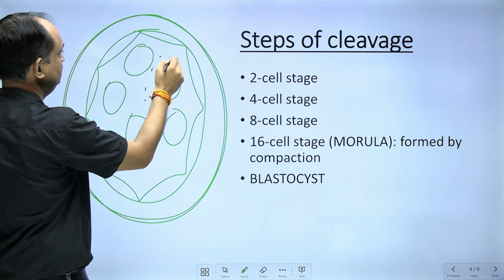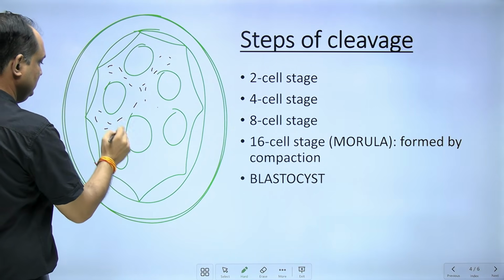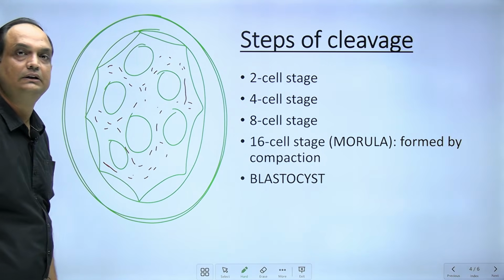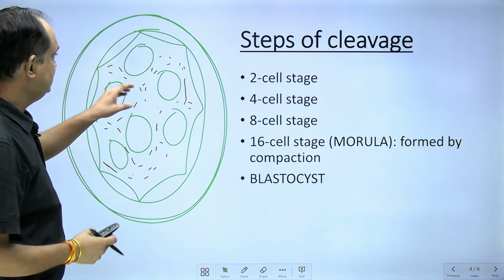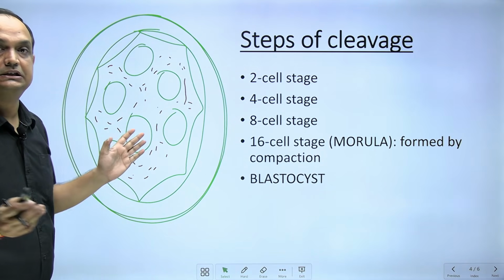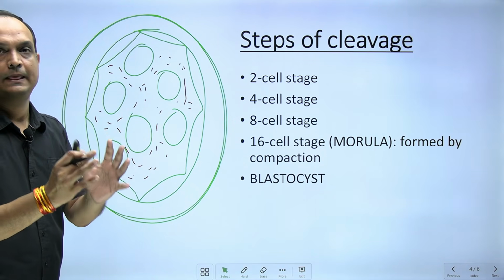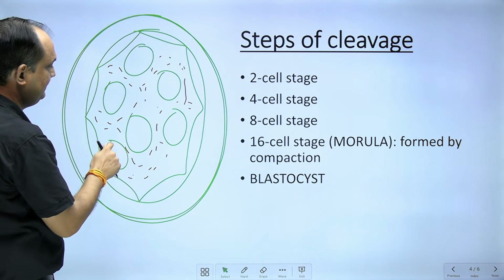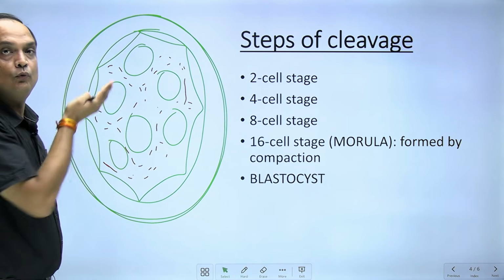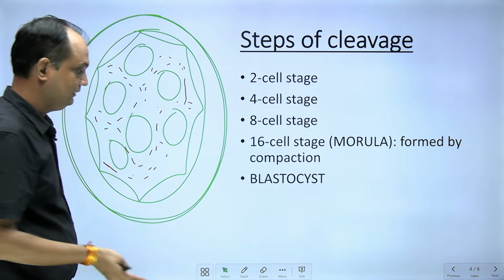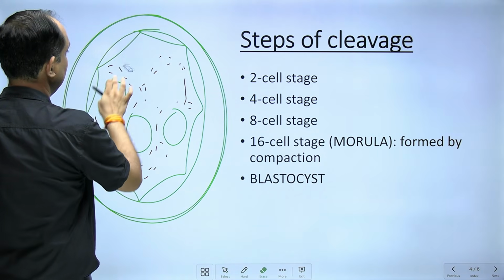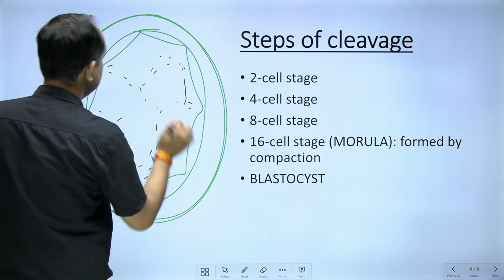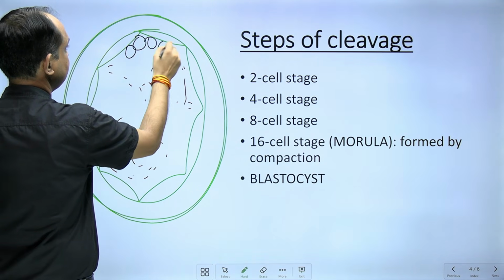So here you will have a collection of uterine milk, or uterine fluid, in the area between the inner cell mass. These spaces gradually enlarge and fuse with each other. If these spaces enlarge and fuse with each other, what will happen? They shift all these cells to one end of the developing zygote, so the inner cell mass will come to one end.